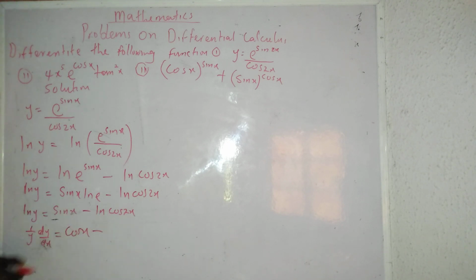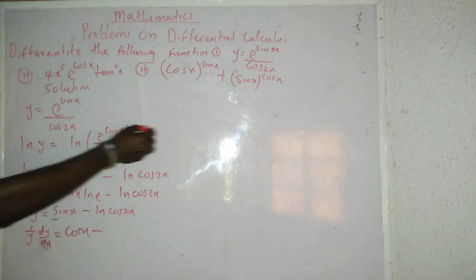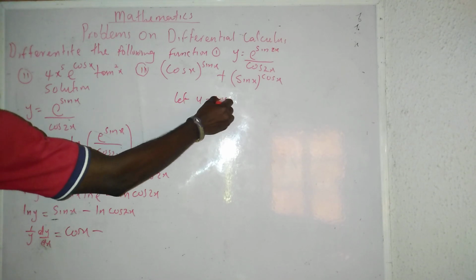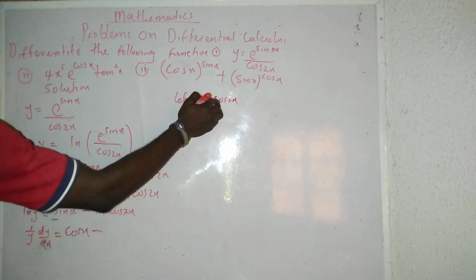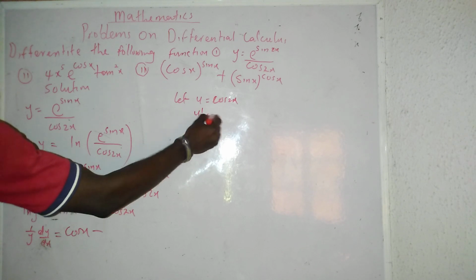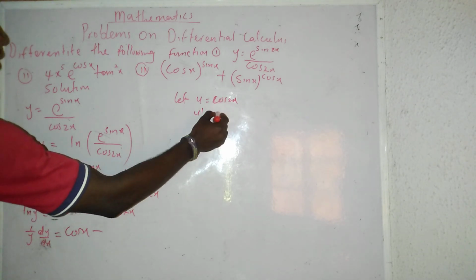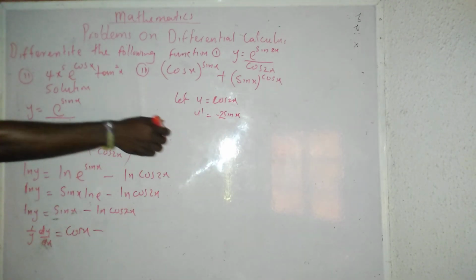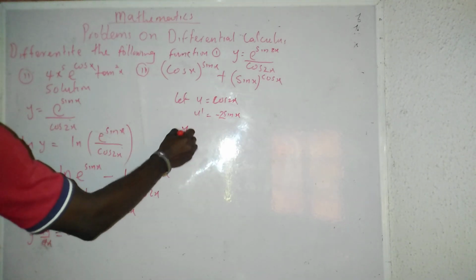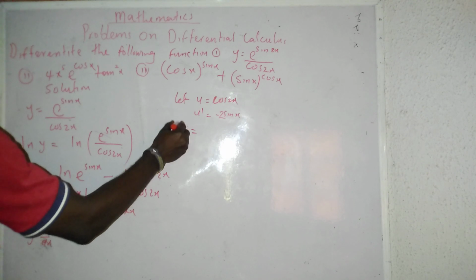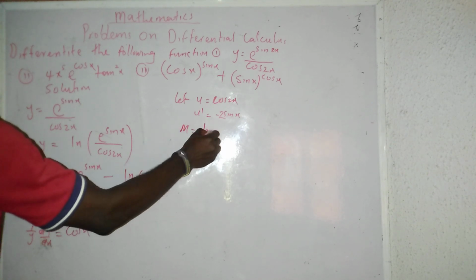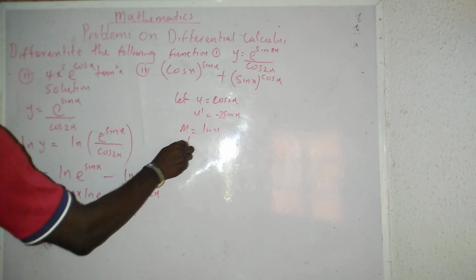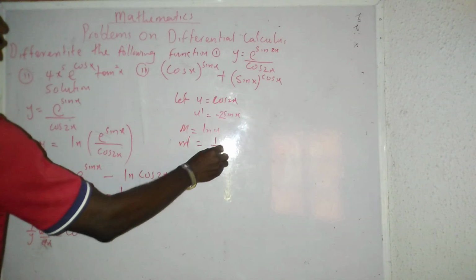Let u equal cos 2x, so u prime is minus 2 sine 2x. Now, differentiate the ln itself. Let m equal ln u, so m prime is 1 all over u.